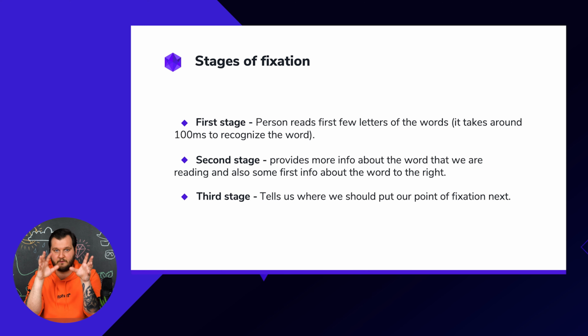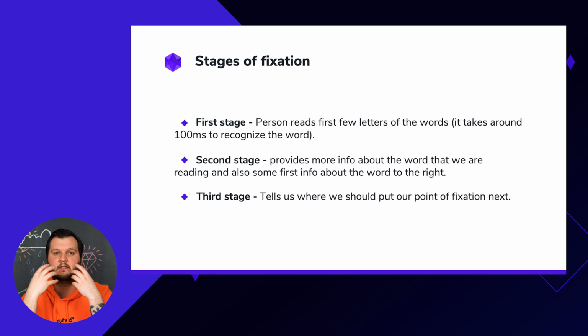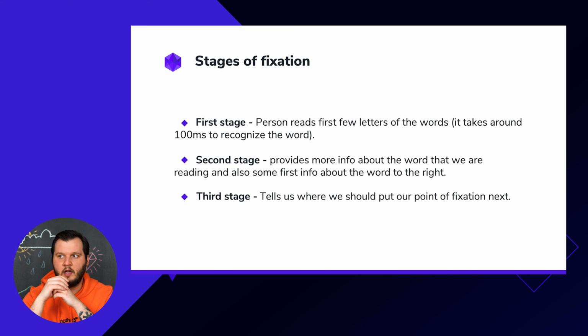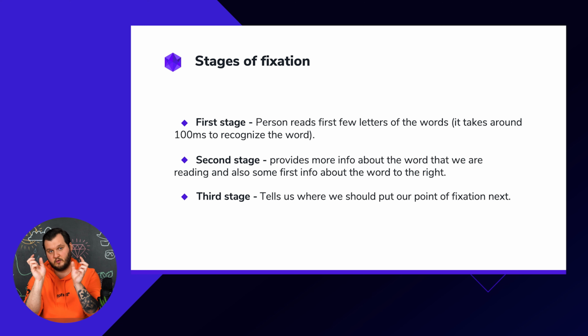Fixations have three stages. In the first stage, as written here, a person reads a few letters of the word. It takes around 100 milliseconds to recognize the word. As I said, we don't read the whole word. This might have happened to you with some internet joke, when people type something and you read it in a different way because you read the beginning and the end of the word and not the center part.